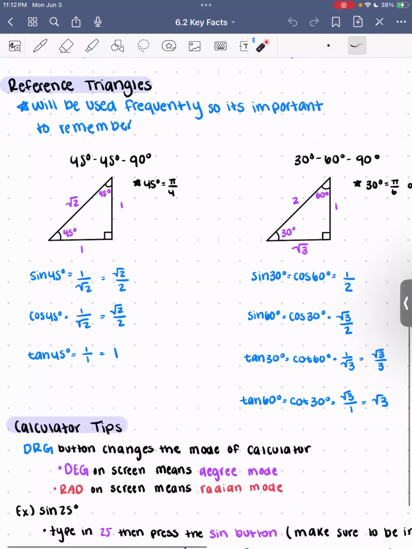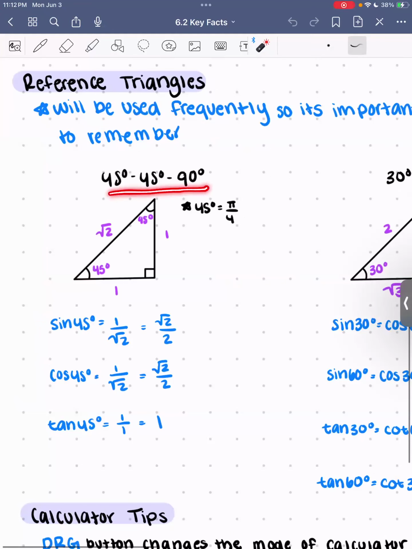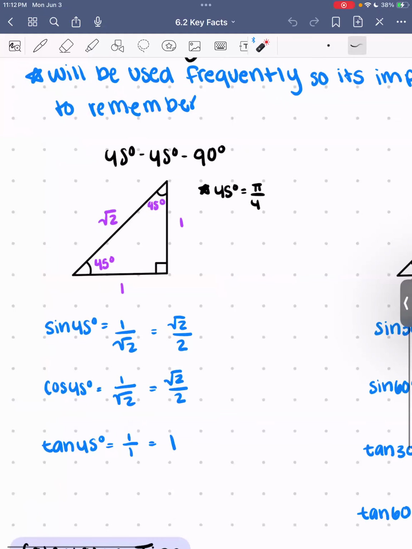We first have our 45, 45, 90 degree reference triangle. We have our 90 degree angle in the corner, and our 45 and 45 in the other two. This basically says that a 45, 45, 90 degree triangle is always going to have side lengths of 1, 1, and a hypotenuse of square root 2. It'll always stay the same.